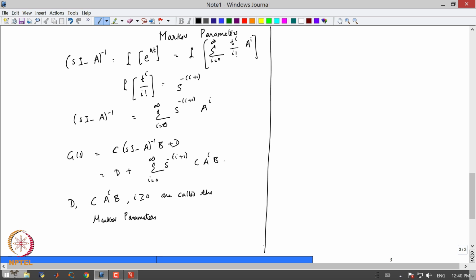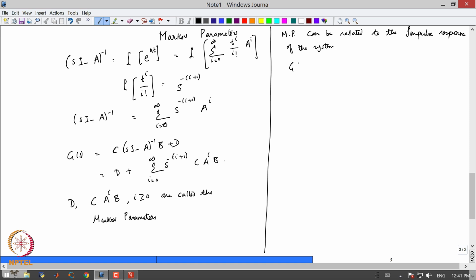These Markov parameters can be related to the impulse response of the system. The impulse response is also usually referred to as the natural response.